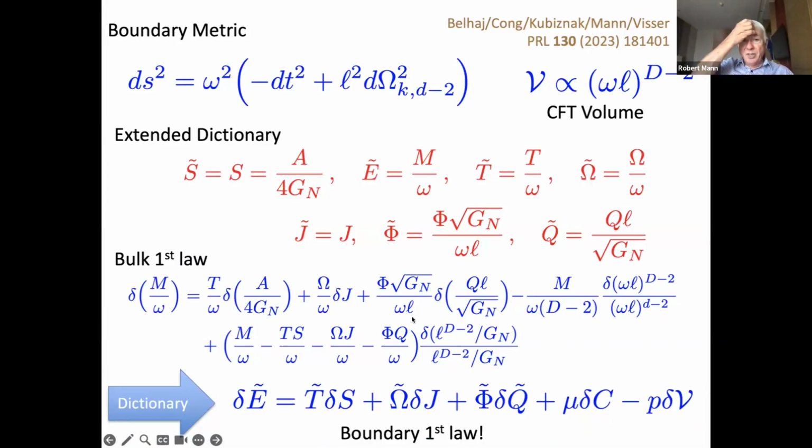So this is the demonstration, I've left out the technical steps, that the bulk first law is dual to the CFT boundary first law, provided you regard this CFT volume as being related to the conformal factor times the AdS length to this exponent here.